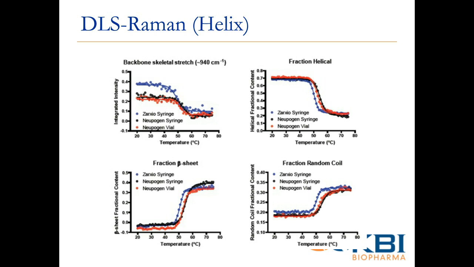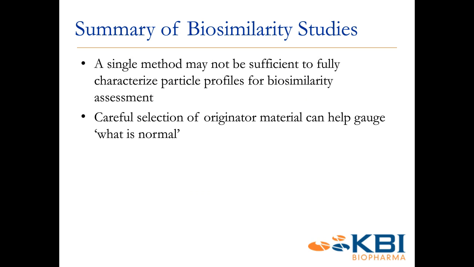We did do a follow-up study which involved basically putting the Zarsio in the Neupogen formulation, and then we get agreement with both DSC and Helix with that sample. So confirming that, again, this offset was related to the pH difference.